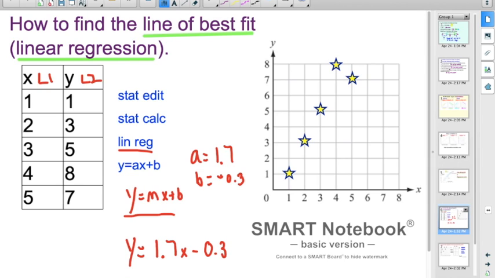And also do not forget that 1.7 is your slope, and that minus 0.3 is your y-intercept. But your final answer is this piece here. Okay. y equals 1.7x minus 0.3.